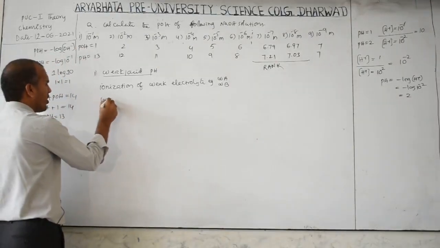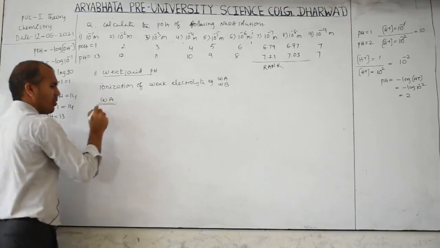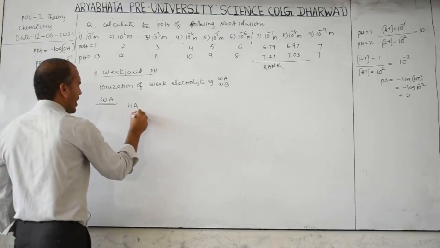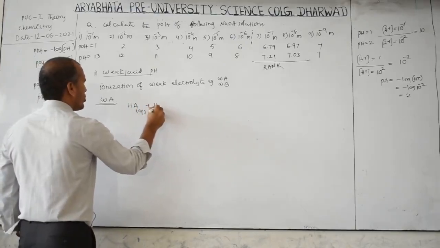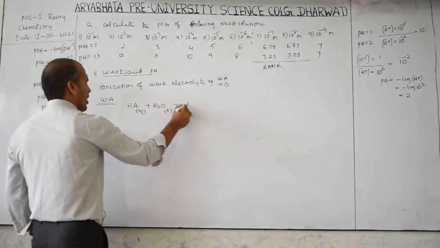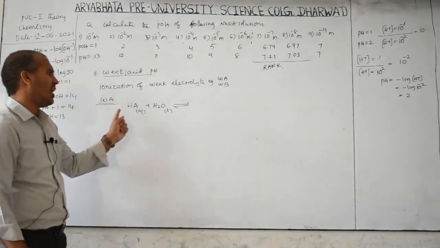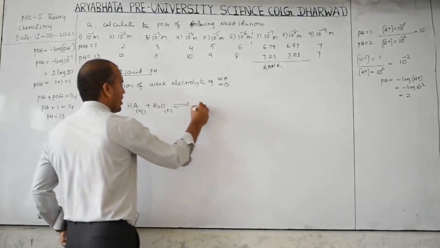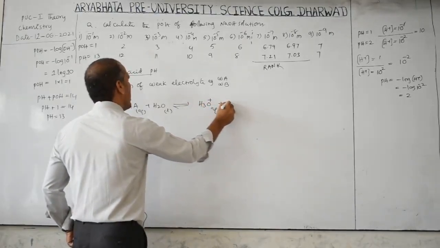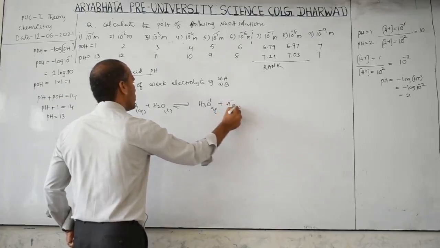Okay, so now the ionization of weak electrolytes. Now I will write about the weak acid. This is very important. Consider HA is a weak acid, aqueous, plus H2O liquid. Then you know Bronsted-Lowry theory: the acid gives the proton, then this is converted to H3O plus aqueous and A minus aqueous.